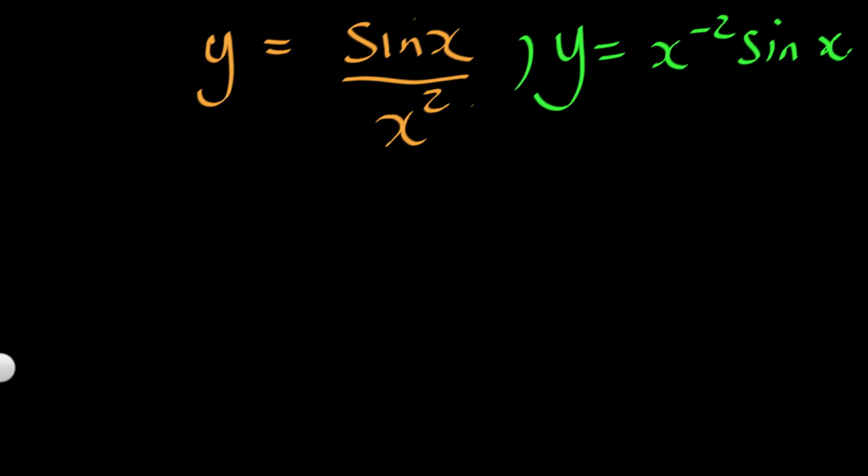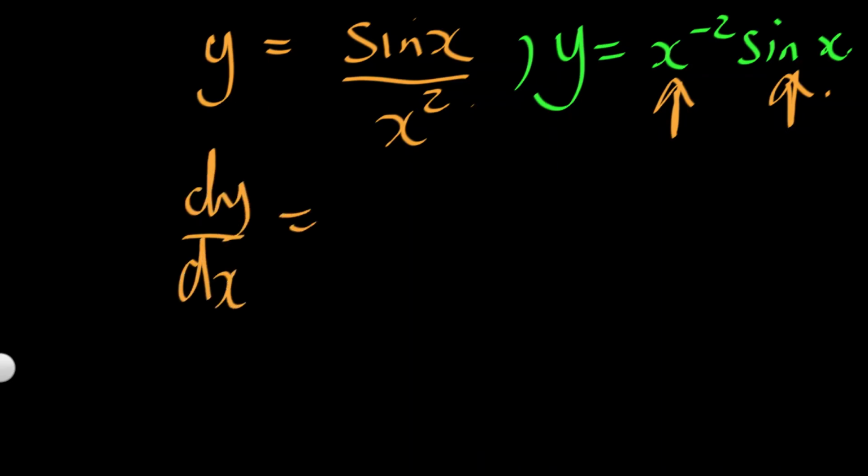Now, if it is like this, it now looks like a product. See? It now looks like a product, and I'm going to apply the product rule to this function. So let's go. So dy dx, using the product rule, I keep my first term, and so this is x to the power minus 2.